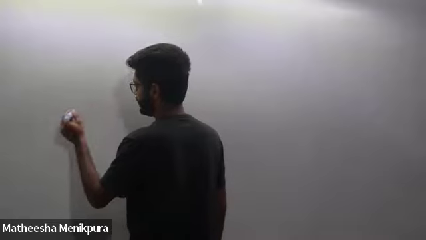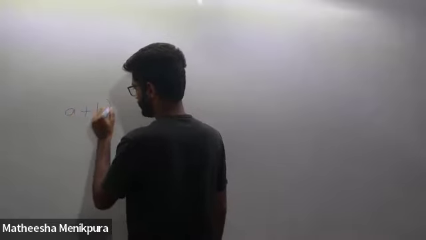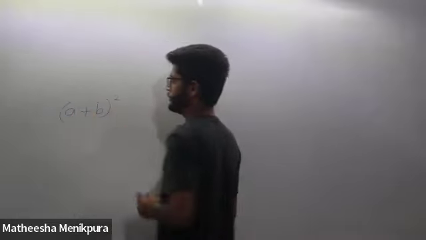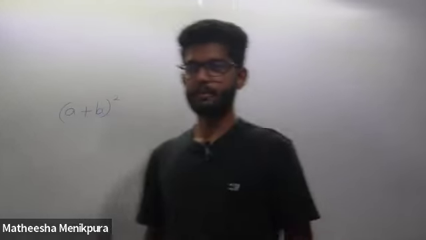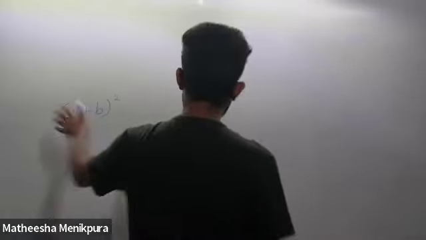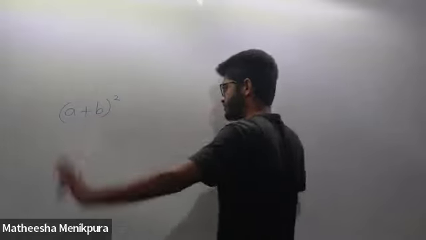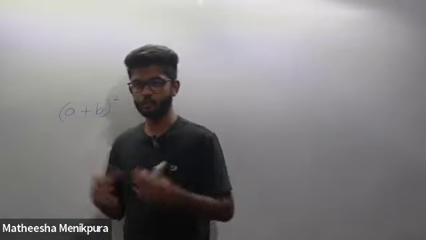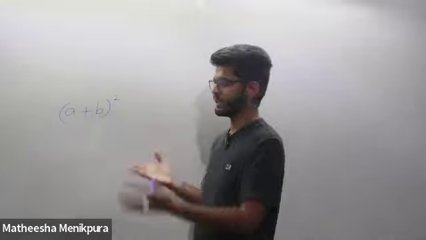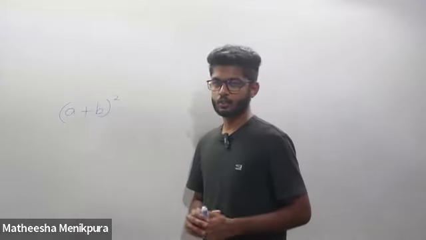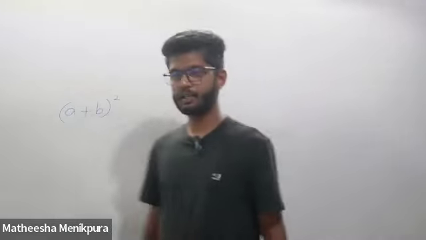I'll take another one: a plus b whole thing squared. How can we simplify this one? Now I want to remove this bracket and expand this one. With this bracket, we can't do anything, so I have to remove the bracket and expand it. So tell me how to remove this bracket and how to expand it.